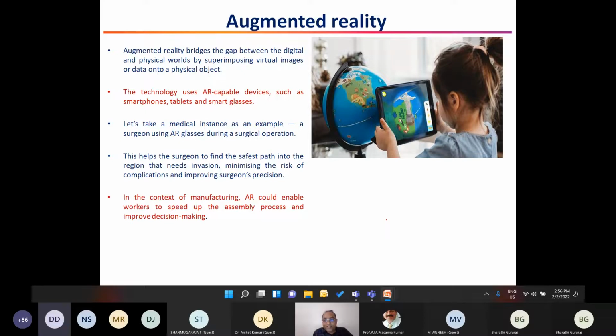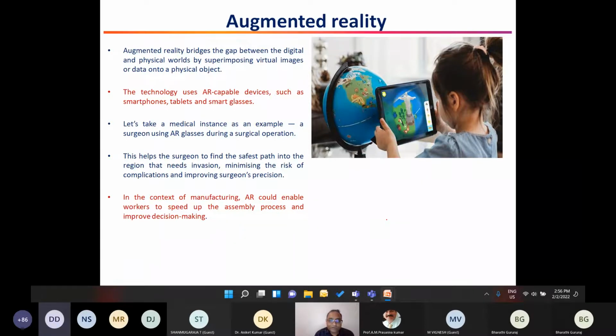So maybe they can get the information, but the kind of discipline and the kind of behavior and attitude that the teachers can teach, nobody else can do it. So no virtual platform can help them to get that knowledge, right? So this way, augmented reality is one technology that will always support the industry for growth, right?